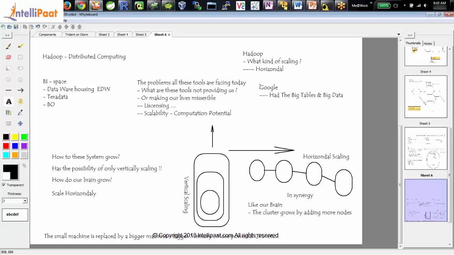So whenever it is more aligned to nature, it tends to stay longer and keeps on growing. It's a very sustainable model. Similarly, horizontal scaling is a very sustainable model. That's how our systems work.